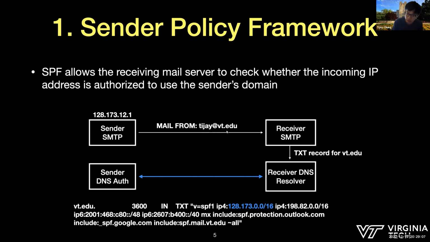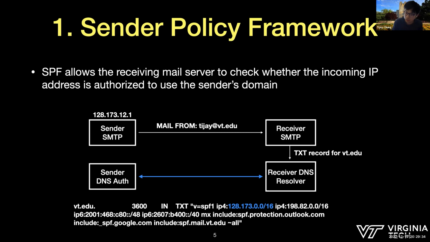The sender's Virginia Tech edu name server has to publish a DNS TXT record saying, hey, the IP address range that we're allowed to use for this vt.edu domain name is like this. So in this example, the IP address is a prefix that includes this IP address.